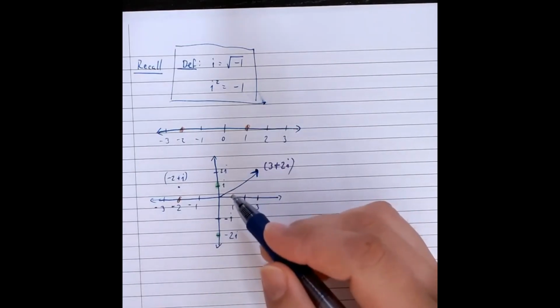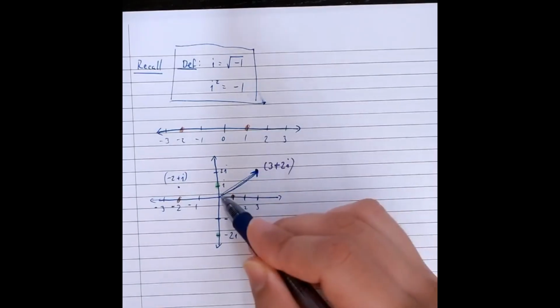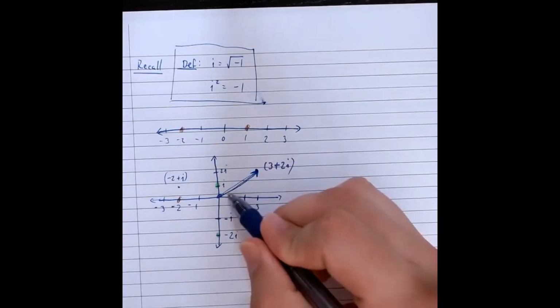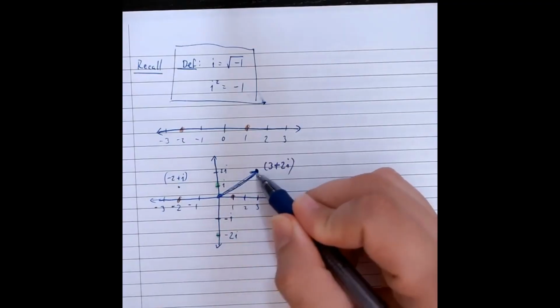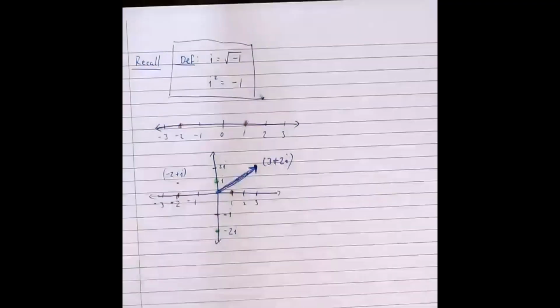However, for the purposes of this section, we're going to consider it as a vector that starts at the origin. Whenever you have the origin, 0, 0, you can go out to this point, and this designates a vector. This is called the polar form of a complex number, and it allows us to consider complex numbers as vectors on a plane. Okay, so how do we do that?